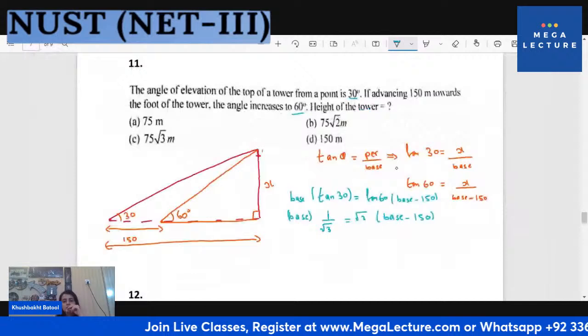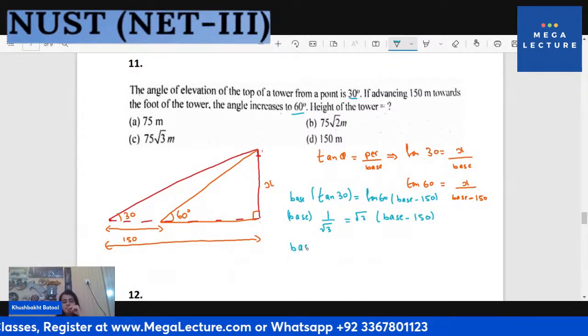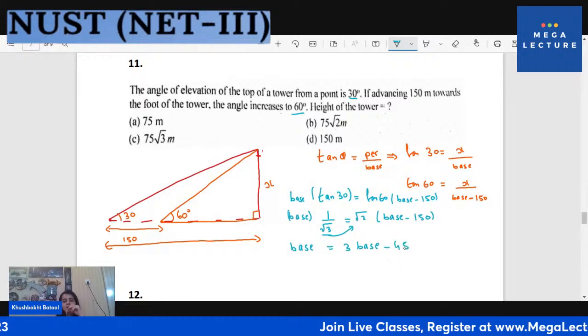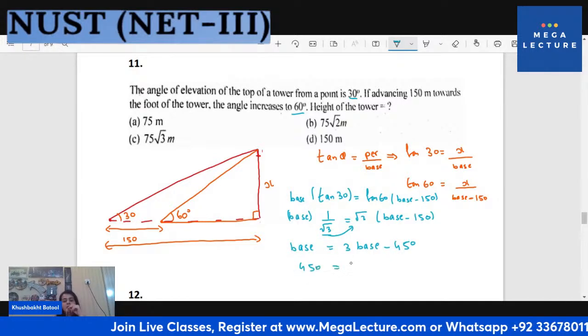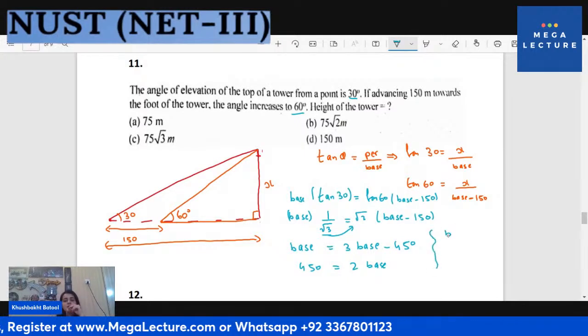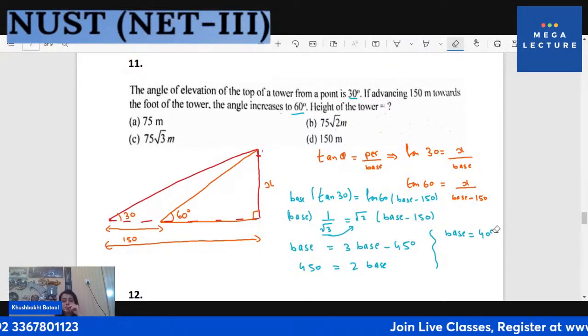Now base is equal to root 3 multiplied by root 3, which gives you 3 into base minus 450, and then 450 would be equal to 2 multiplied by the base. I'm obviously doing all these steps because I need to explain everything, but in the exam you're not supposed to waste this much time, and you can do things directly as well.